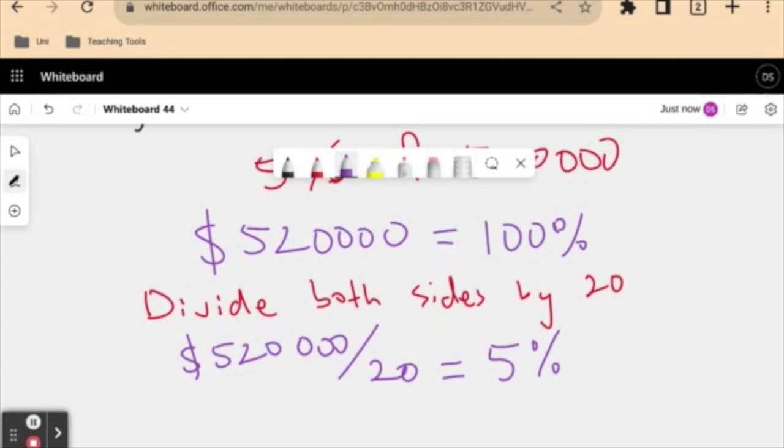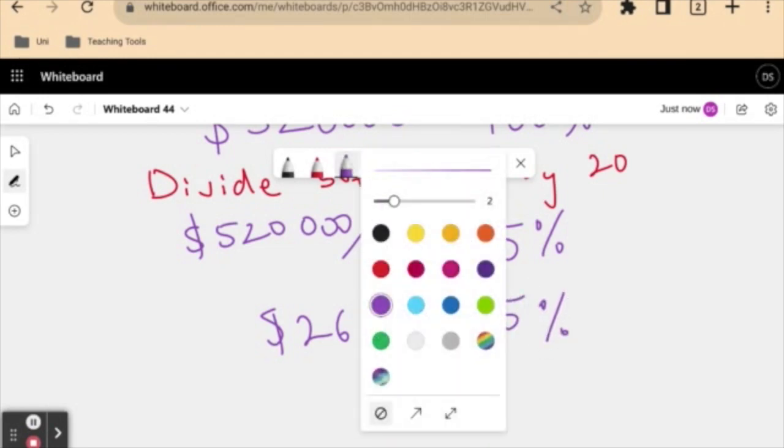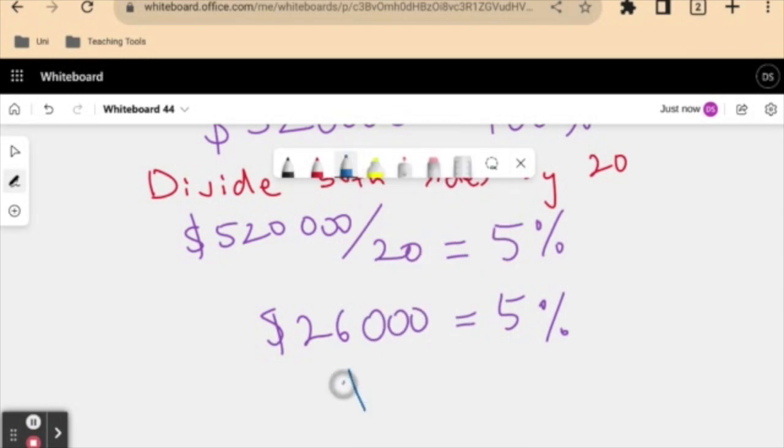That'll give us our fraction of the whole. Now, doing this calculation, we get that 5% is $26,000, which is the commission earned by this real estate agent.